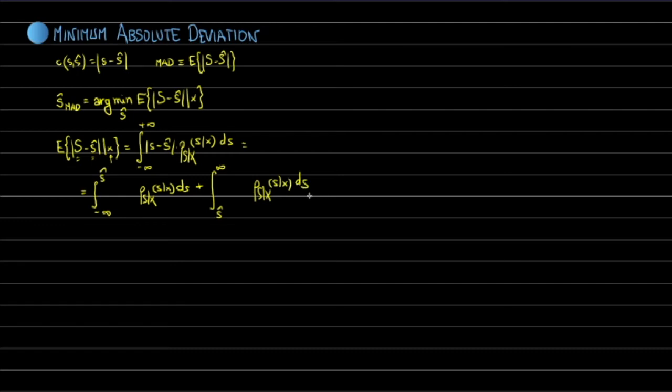Okay. And note that in the domain of the first integral, S is smaller or equal than S hat, so the absolute difference between S and S hat will be given by the biggest value minus the smallest, that is S hat minus S. And in the other domain, the absolute difference is equal to S minus S hat.